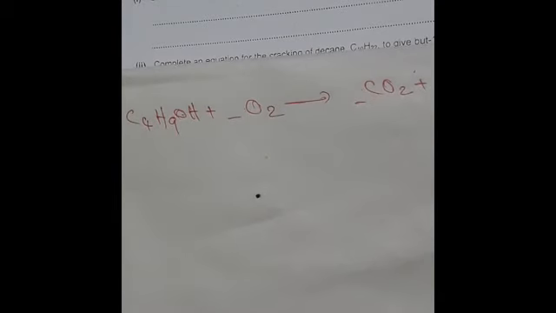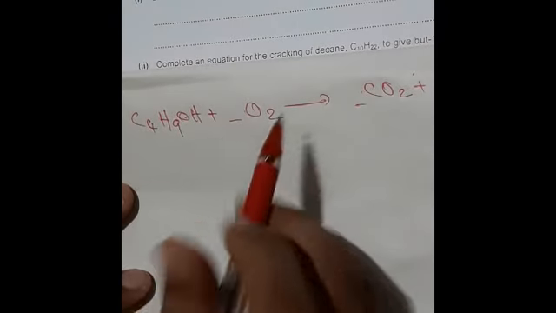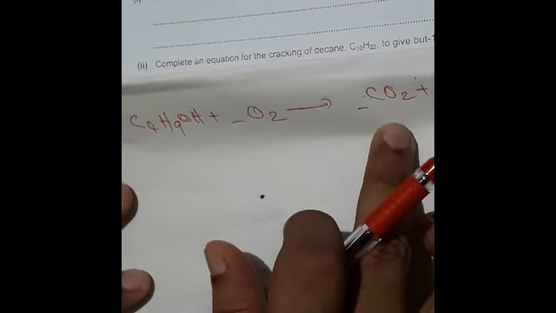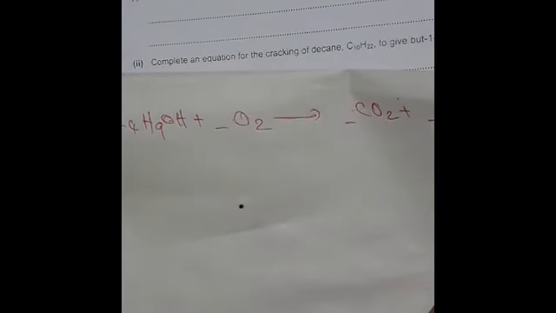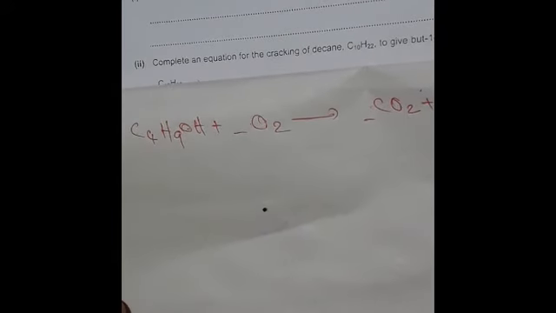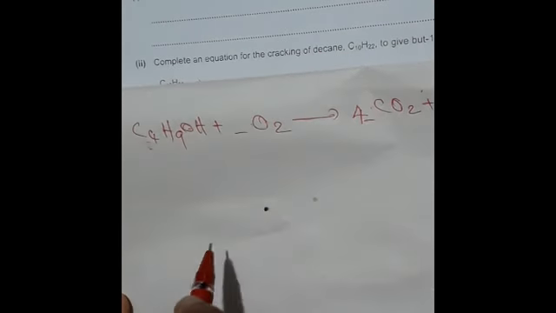Look here it is given C4H9OH. It reacted with oxygen, formed carbon dioxide and water. So you have to count how many carbon here. C4, 4 carbon. So how many carbon dioxide will be there? 4 carbon dioxide.